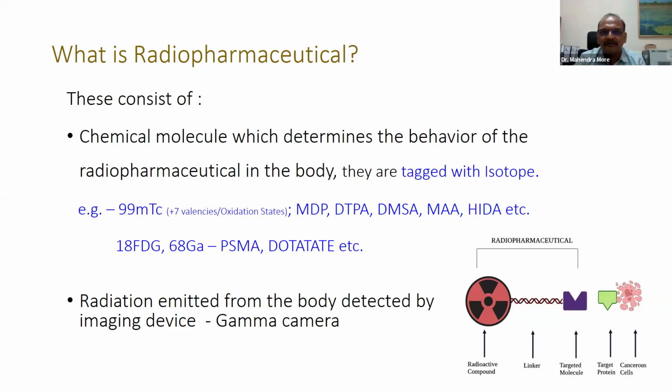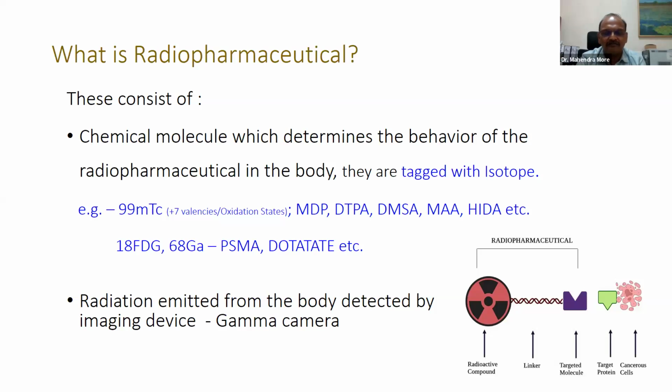Like MDP is used for bone study, DTPA and DMSA are used for kidney study, microalbumin particles are used for lung studies. HIDA is basically used for liver studies. So these are the different pharmaceuticals, and the same isotope is tagged with these chemicals. Because of this +7 valency, it can easily be tagged with these molecules and administered to the patient.